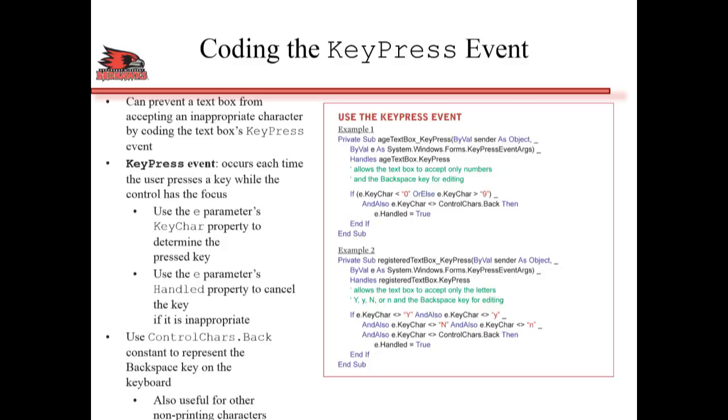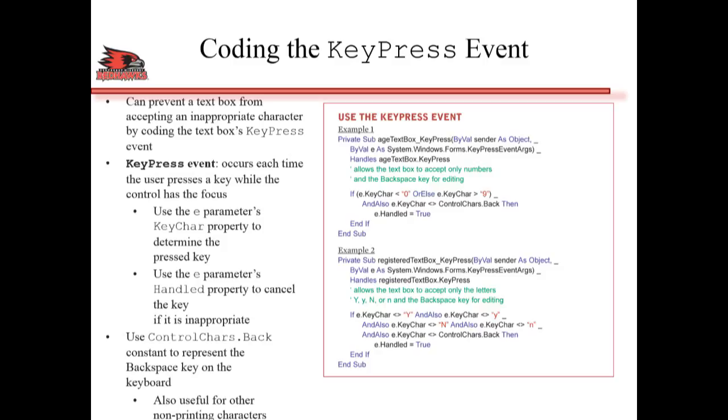So basically it's saying that if e.keychar is not a number and e.keychar is also not the backspace, or ControlChars.Back, then e.Handled equals true. Meaning that if the user did not enter a number or even the backspace, then I have handled this, meaning I have ignored whatever user input that was.